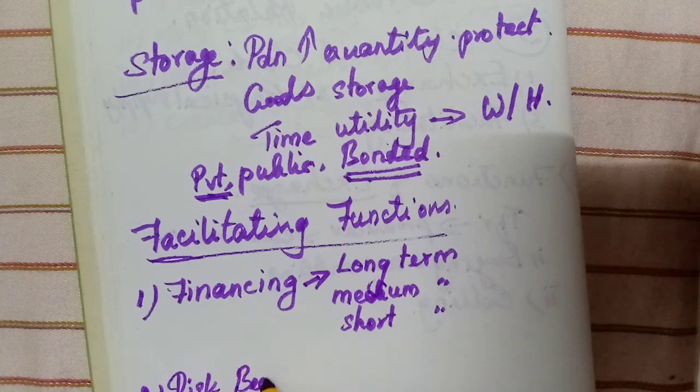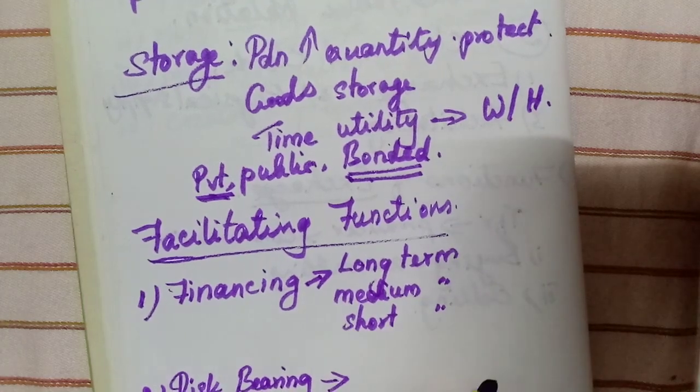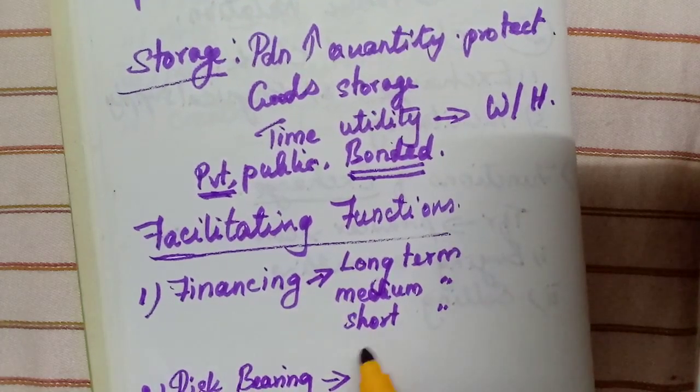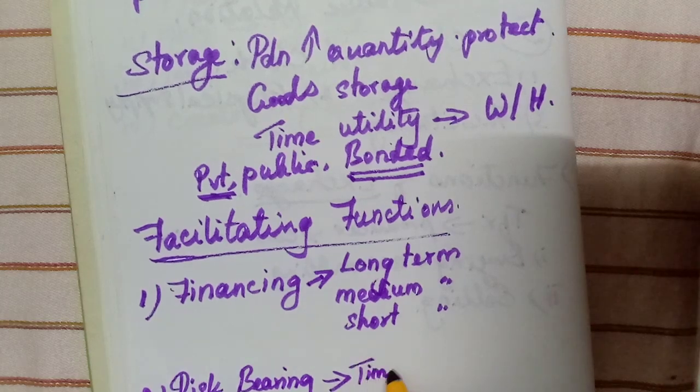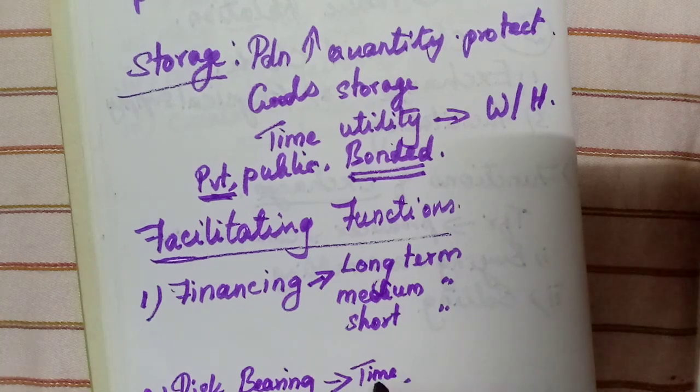Then the next facilitating function is risk bearing. Many risks are there in marketing. What are the types of risk a business person has? Time risk. We know the time of production and time of consumption is different, isn't it? So he may keep these products in the warehouse.